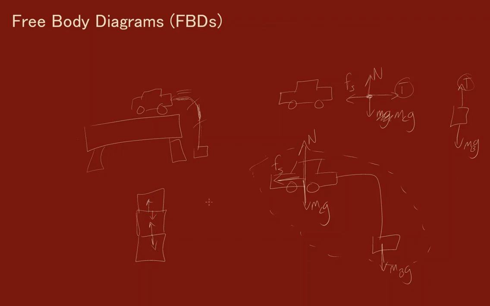If we don't want to worry about that, we can treat it as one big stack, where we just have gravity pulling on all three blocks, and if they were sitting on a table or something, we would have the normal force from the table. That's another way to do it, is just to look at the whole thing as a system or a collection of objects.